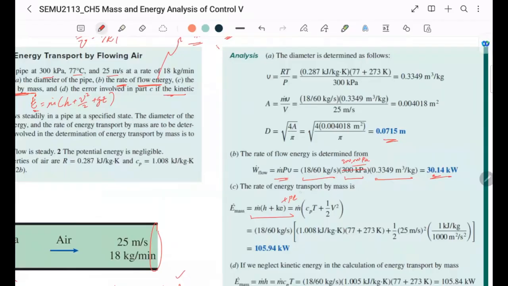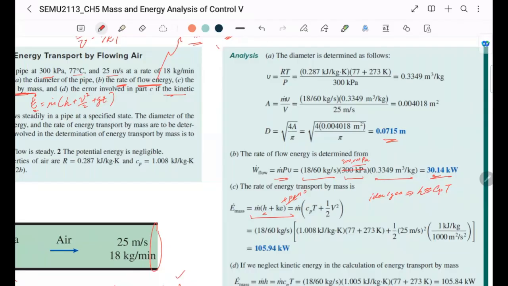And then here, the enthalpy, instead of looking from thermodynamic table, because it's ideal gas, H can be approximated to Cp multiplied with T. Cp is the constant pressure specific heat, T is the temperature.